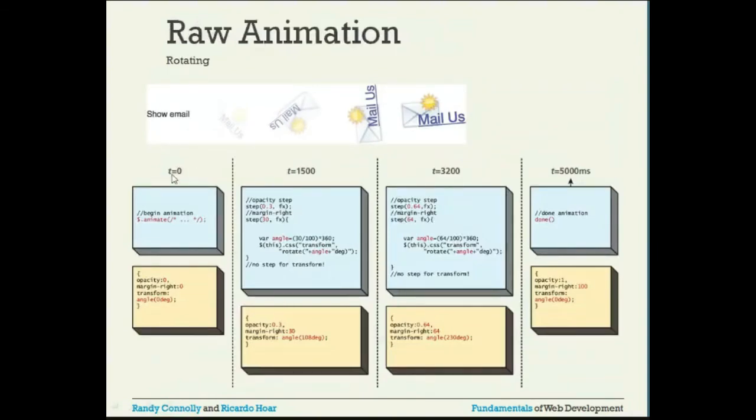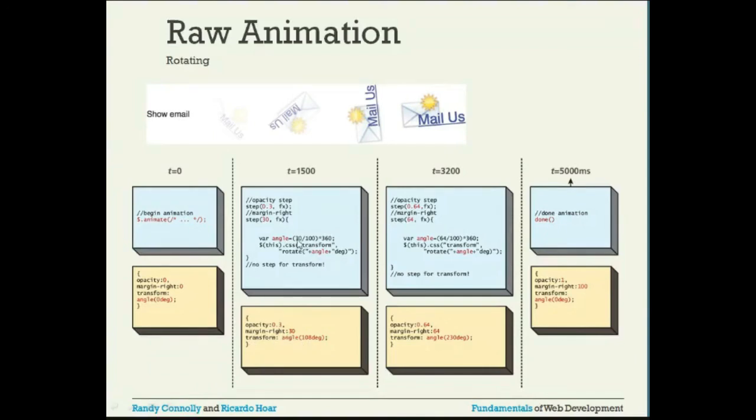At time t equal to 0, animate: you can see opacity 0, margin right 0, transform angle 0 degrees. At t equal to 1500 milliseconds, the opacity step is 0.3, fx margin right is 30. Once it calculates, opacity is 0.3, margin right would be 30 and angle would be 108.